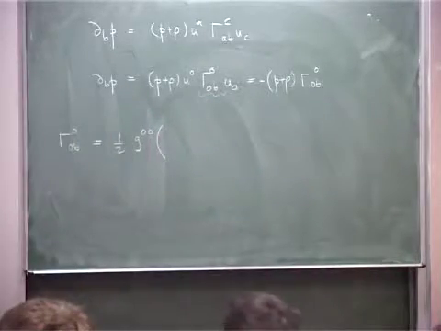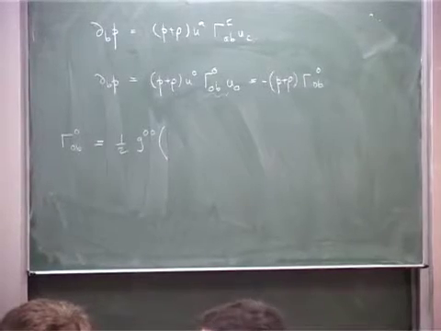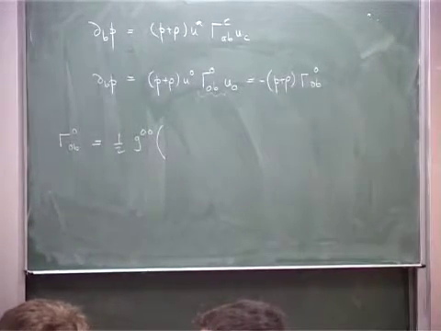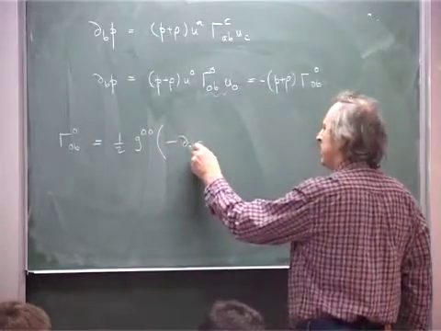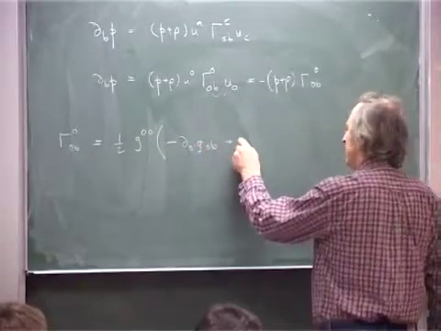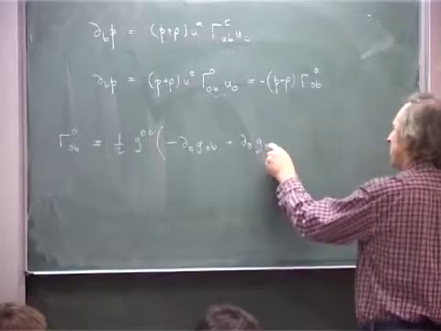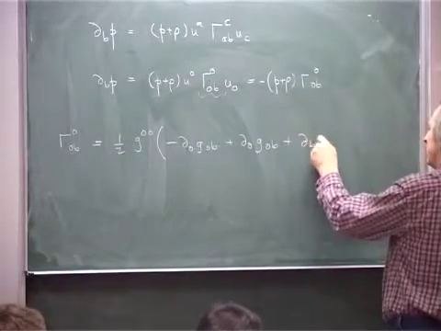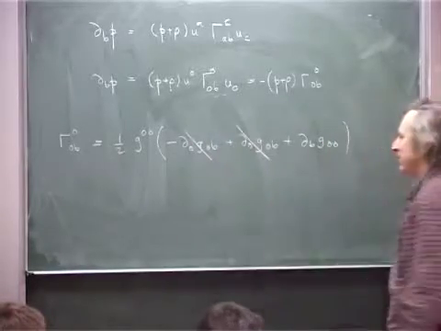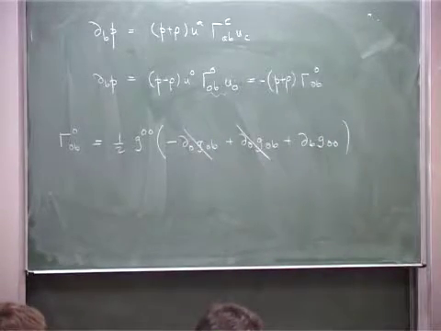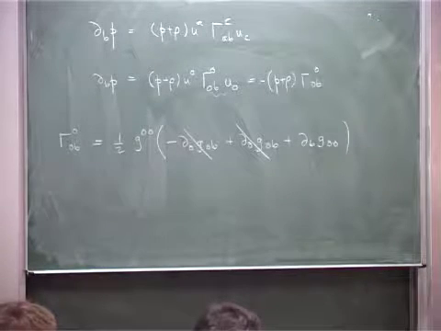That's because this metric is diagonal, so it's an easy calculation to invert the metric. Then there will be a minus D0 of G0B, plus a D0 of G0B, plus a dB of G00. So that cancels that, even though it's 0, both of them, and you're left with this term.